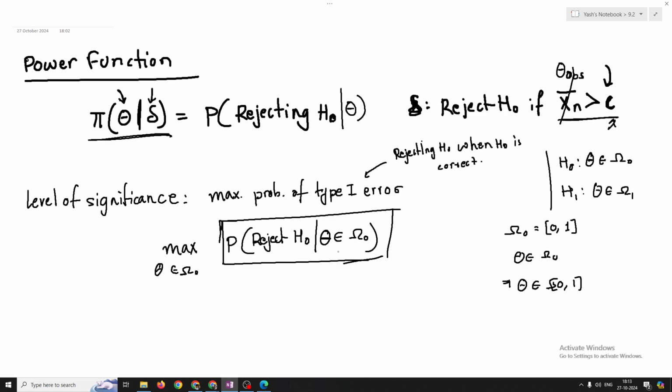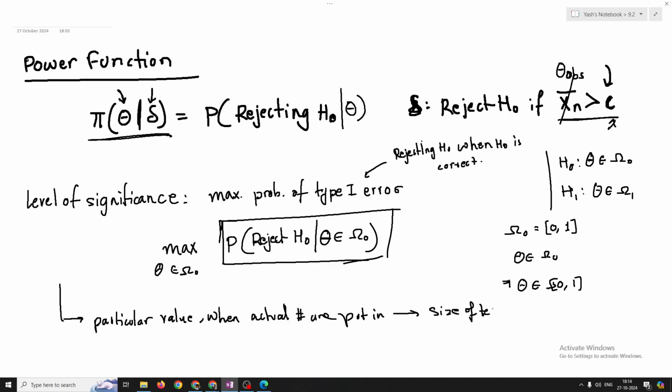And after you calculate your theta observed and plug in the actual numbers, you get a particular value, and that is known as the size of the test.